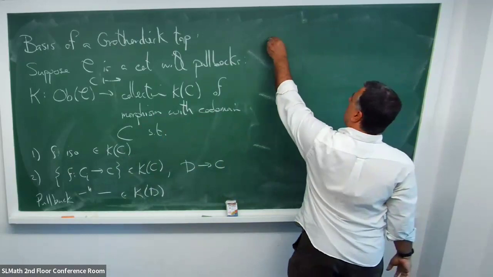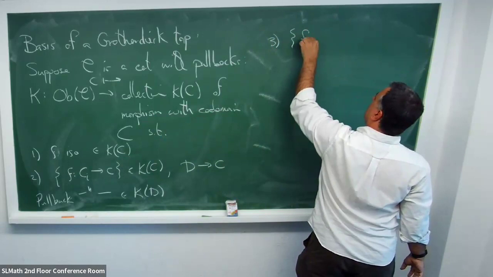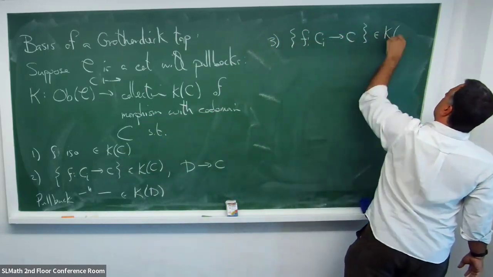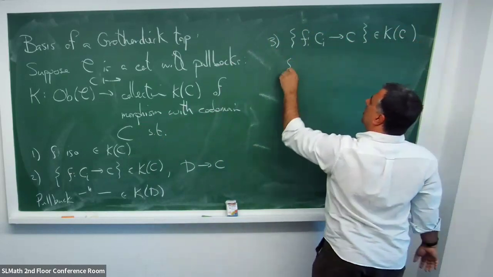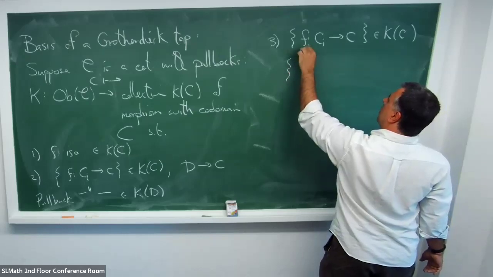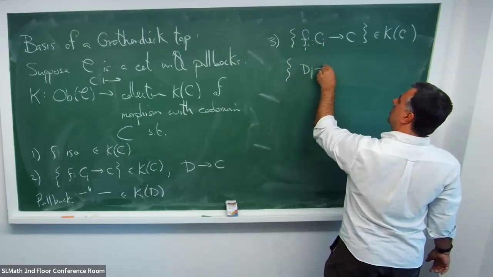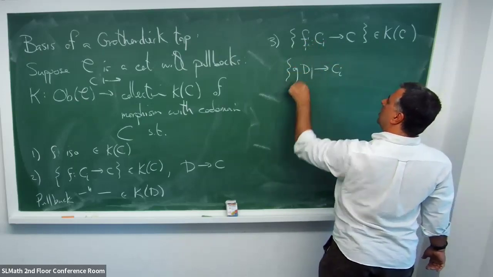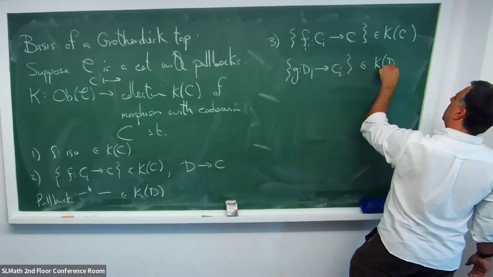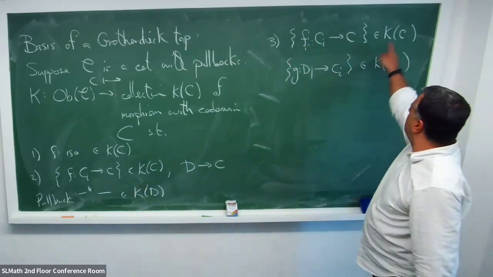So third is that I have some collection here over C, and I have some other collections. Then I can compose them and I get back something in K of C.